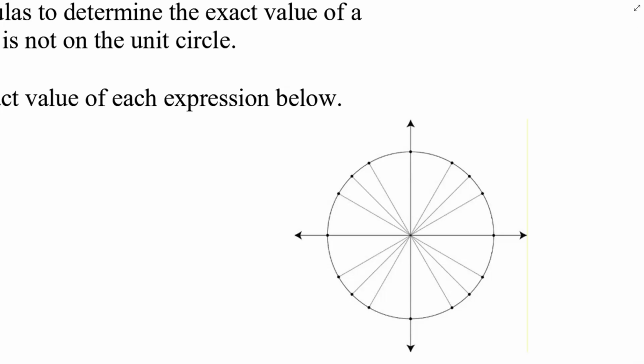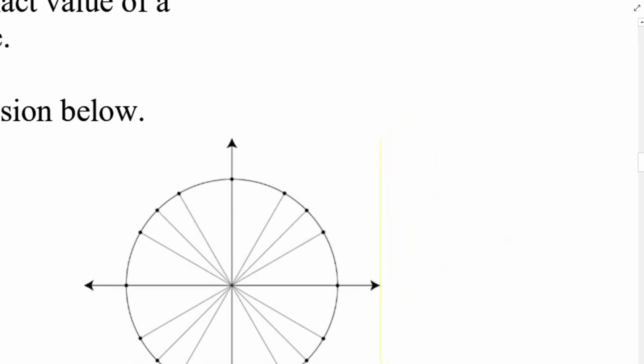This spot here would be pi over 6. This one over here, I'll turn it to green so it doesn't mix up, is pi over 4. And this one over here is pi over 3. Those are the ones we know, and all the multiples of those as we go around.